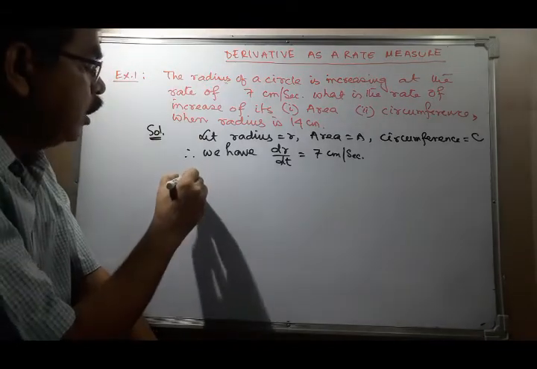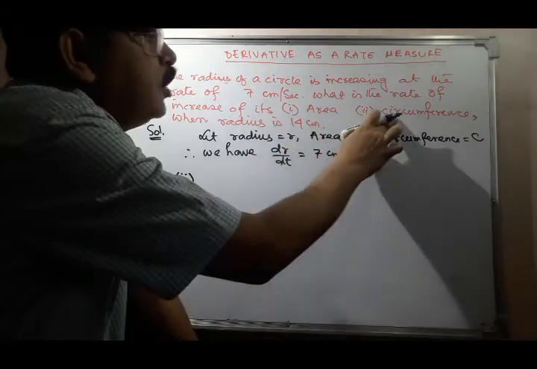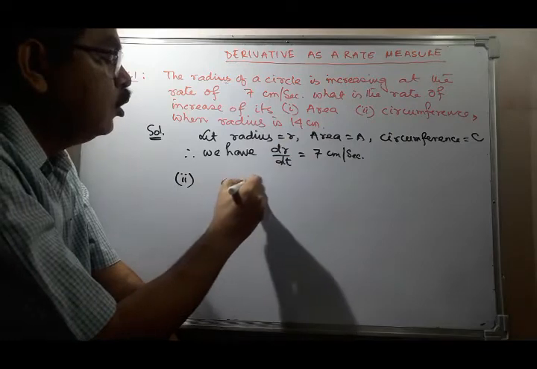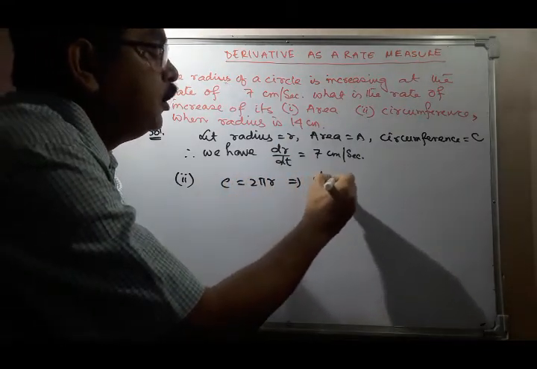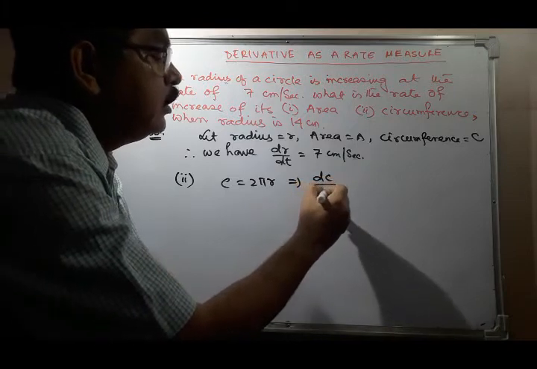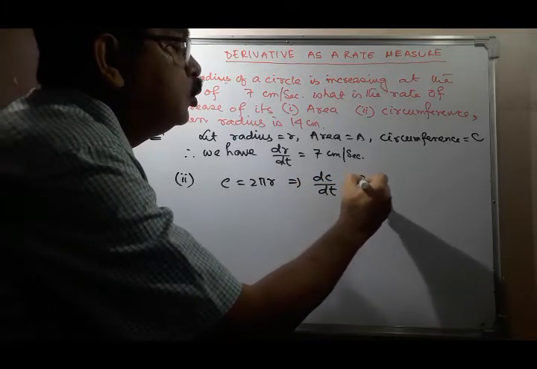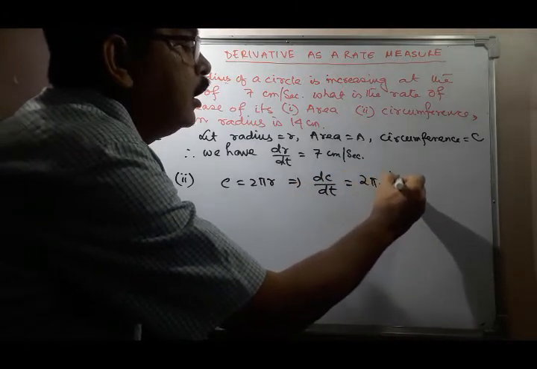Part 2, what? Rate of change of the circumference. So C equal to 2 pi r. Therefore, we are differentiating with respect to t. dC by dt equal to 2 pi into dr by dt.